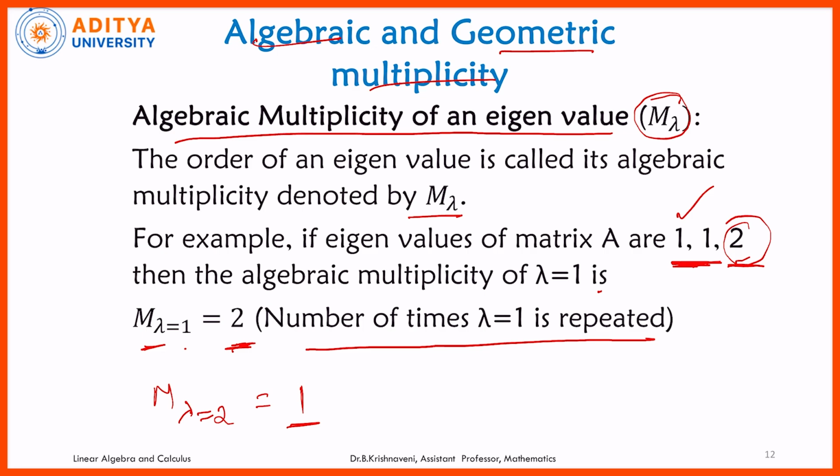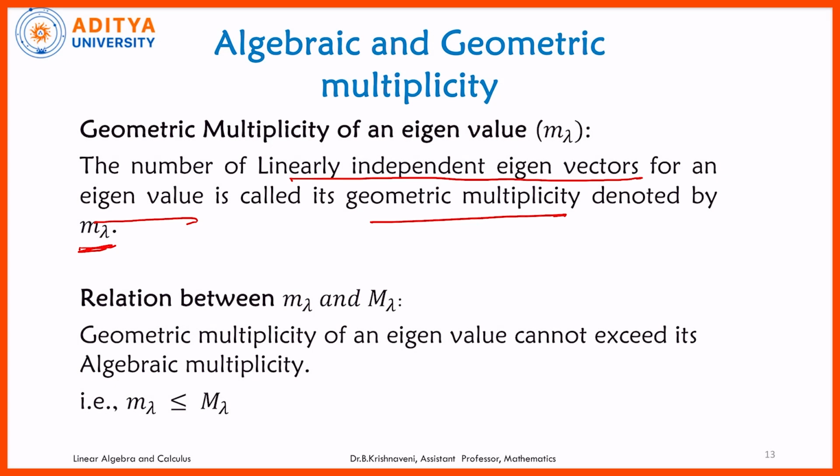Algebraic multiplicity is nothing but how many times the eigenvalue is repeated, and the number of linearly independent eigenvectors corresponding to any eigenvalue is called geometric multiplicity. Now, what is the relation between them?